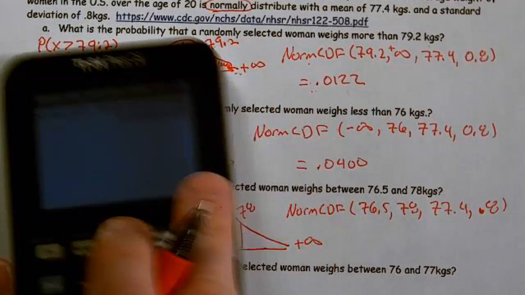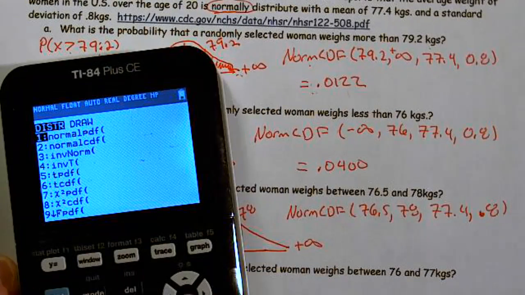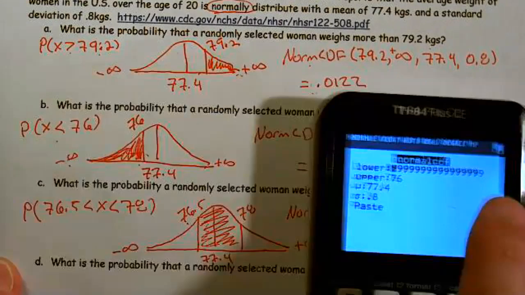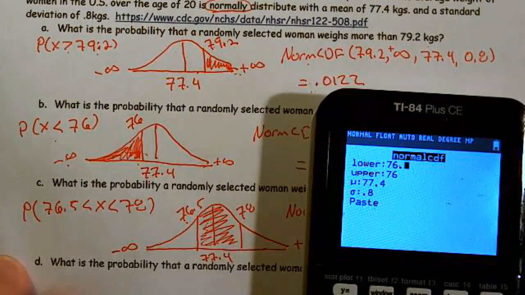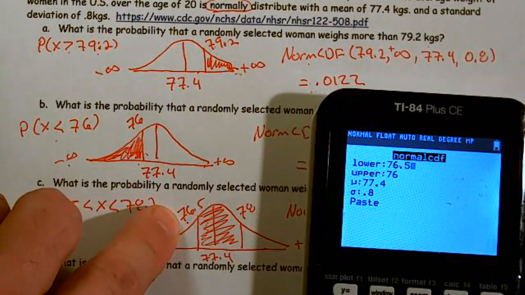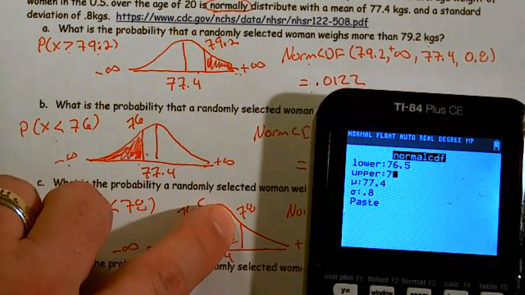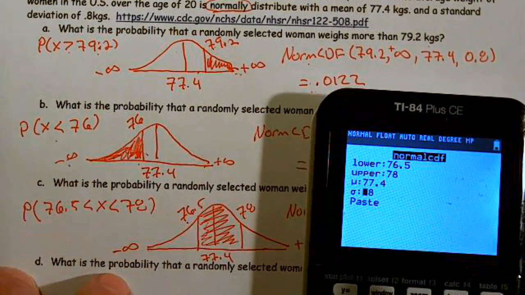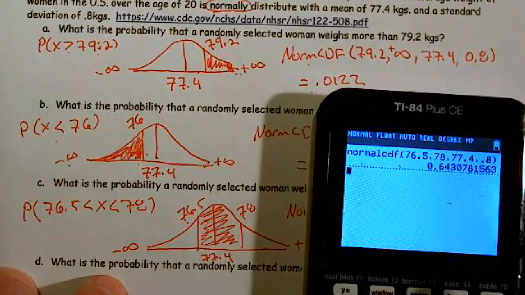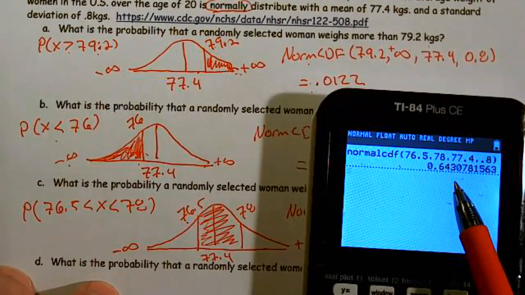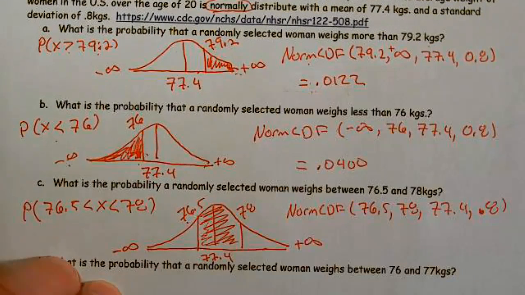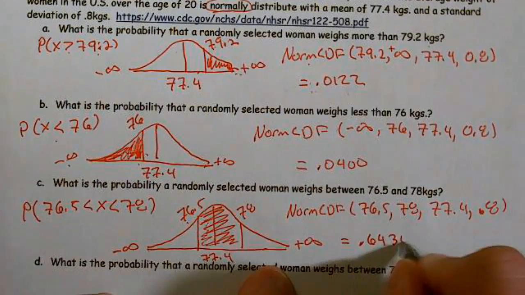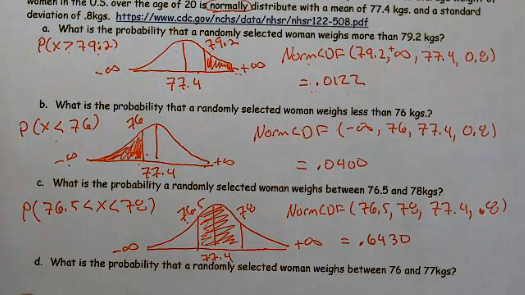So plugging that into the calculator, second vars, normal, CDF, the lower part of my shading, 76.5 right there. The upper part of my shading, 78 right there. Mean is 77.4, standard deviation 0.8. And I end up getting 0.6430. Once again, 4 decimal places and cut it off. Do not round. It just makes it easier for all of us to have the same answer.